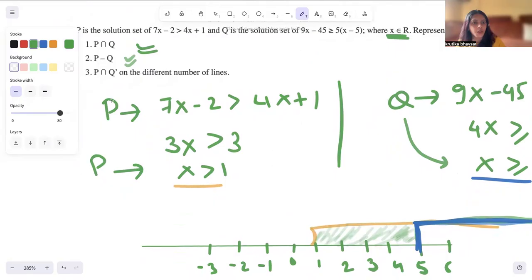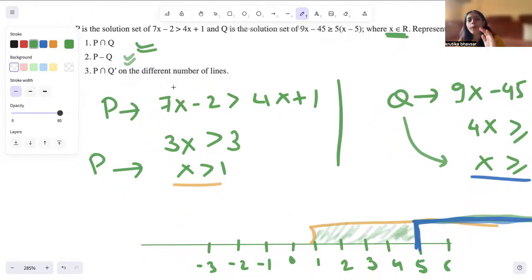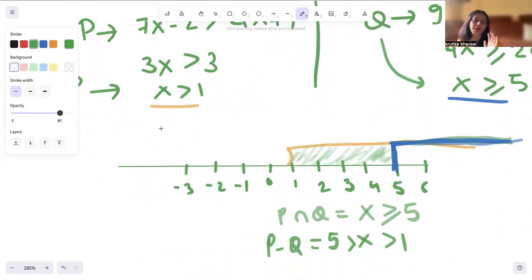Let's go to P intersection Q complement. Now Q complement. What is Q complement? Something that does not involve Q. Now Q is the blue region and P intersection Q complement is nothing but this region again, right?